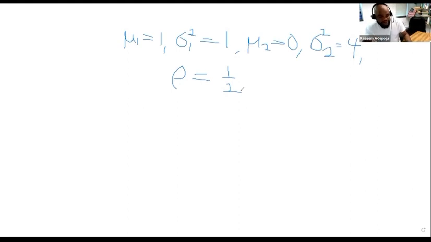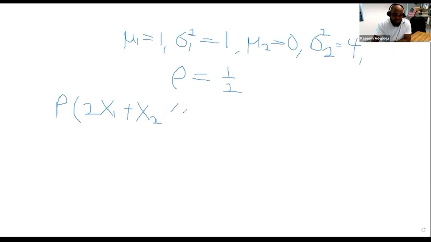Now, if you take a look at the first question, they wanted to find the probability of 2X1 plus X2 less than or equal to 3.